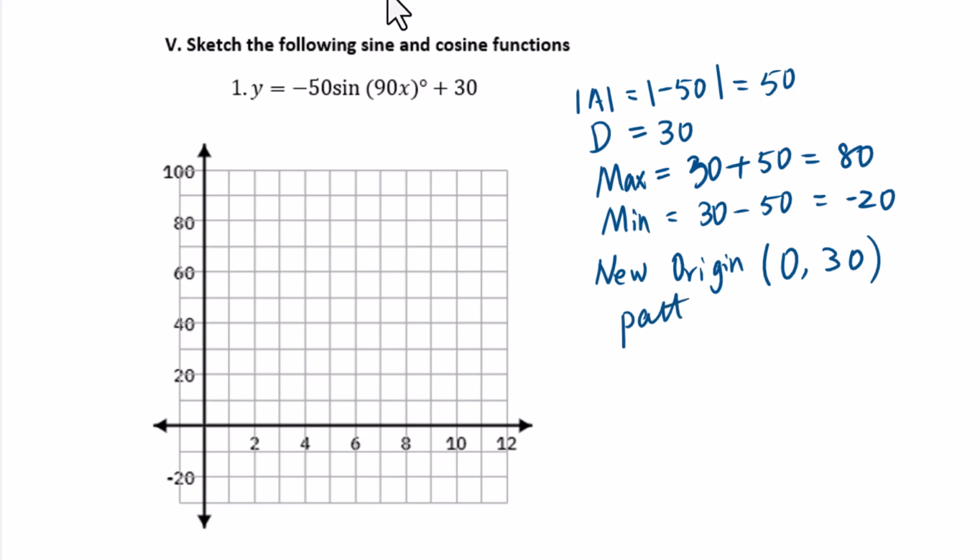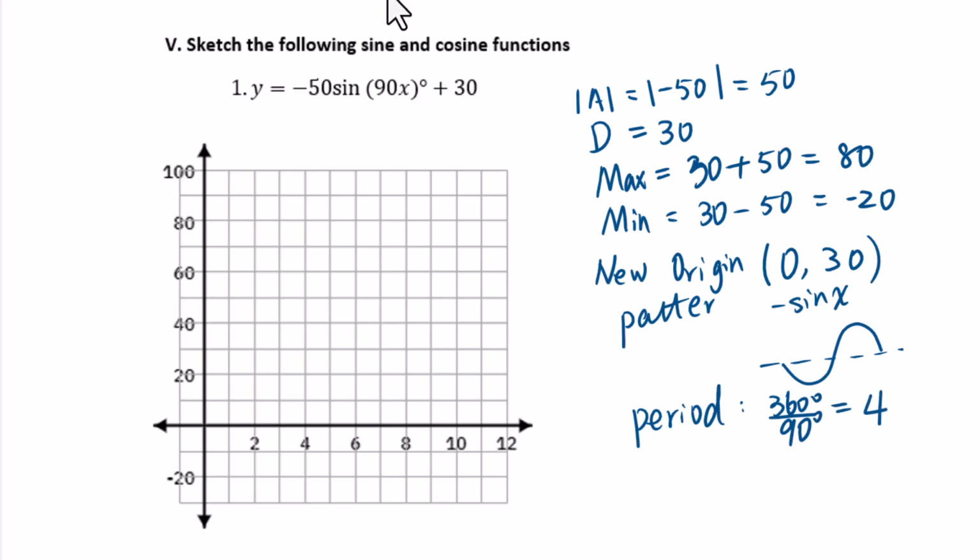For the pattern, negative sine x pattern. So the graph is like this. Period: 360 degrees over 90 degrees equals 4. Find 0, 30 here.